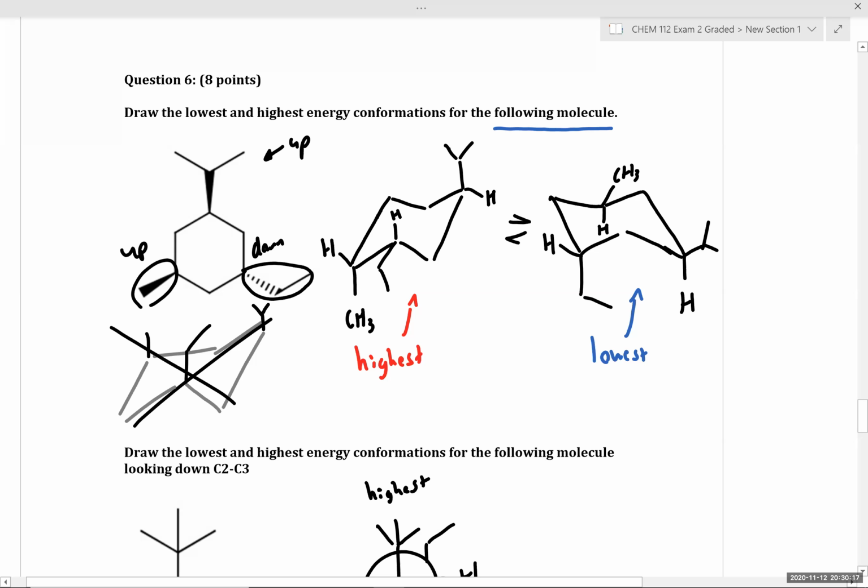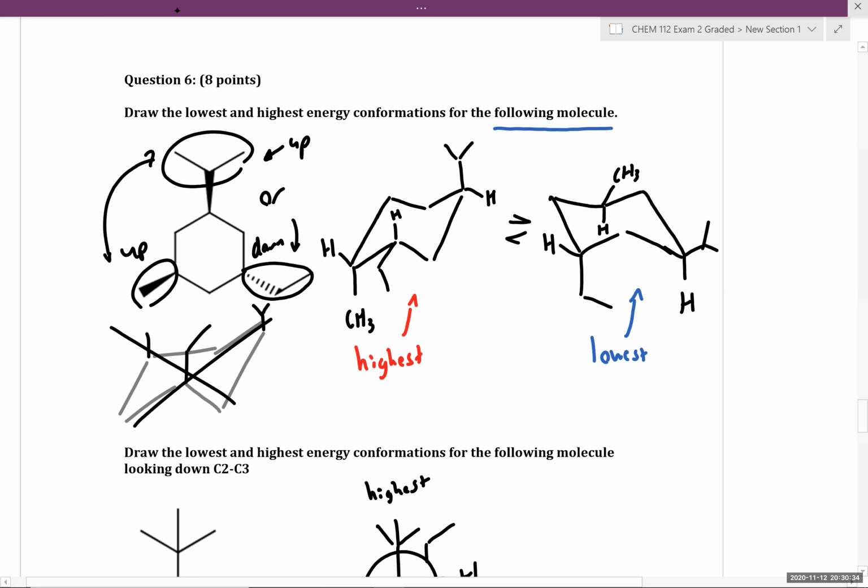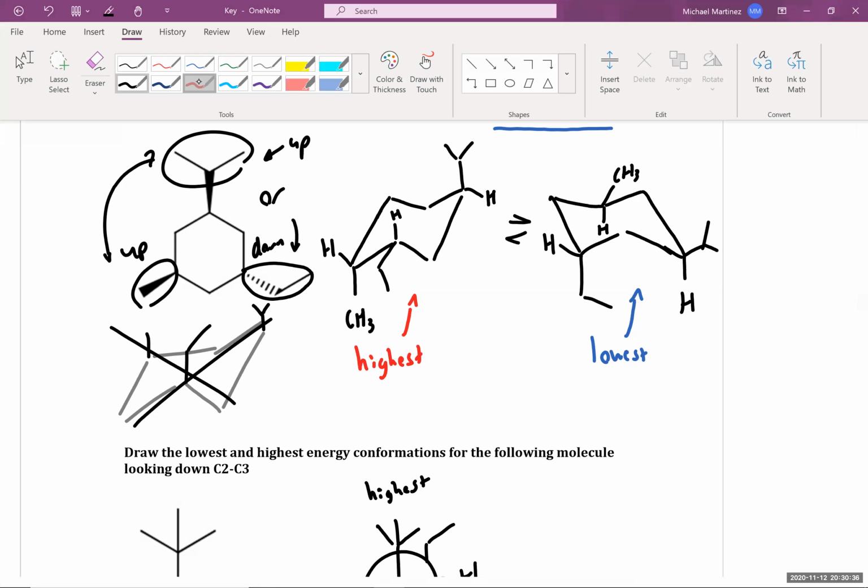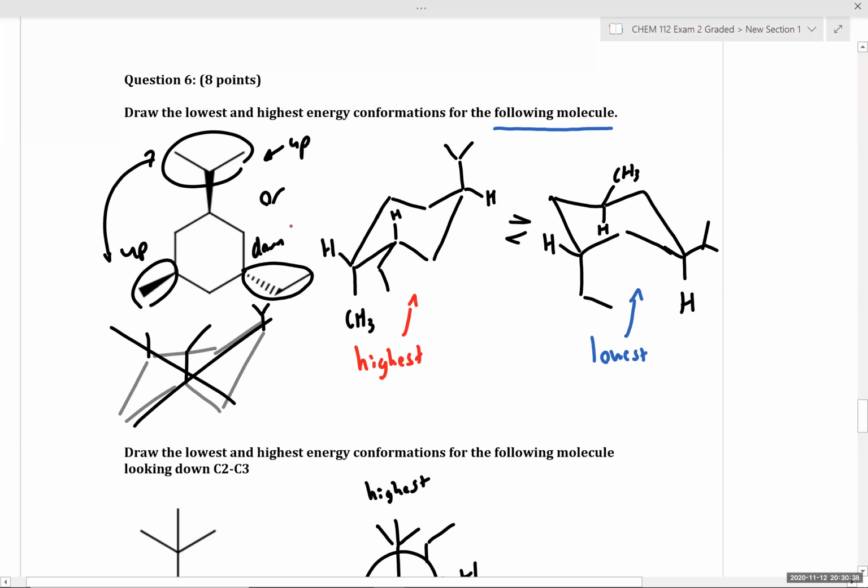So then, in my highest energy conformation, I'm going to put my two bulkiest groups axial. So what are the bulkiest groups that I can put axial? What's bulkier, the isopropyl and the methyl, or the ethyl group? Which one wins? Yep, the isopropyl group is way more bulky.